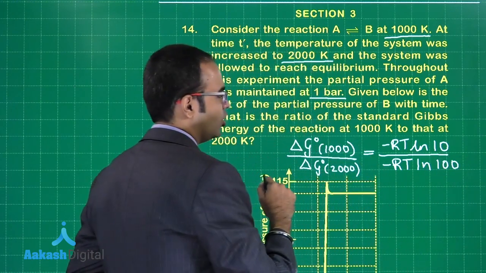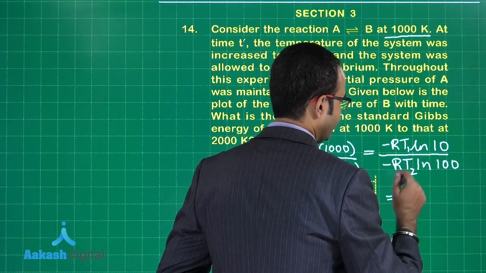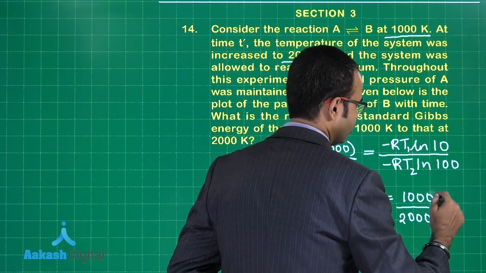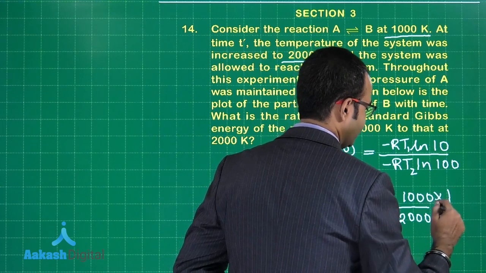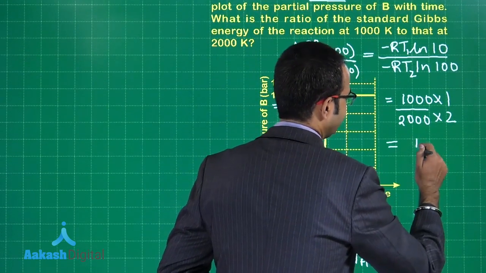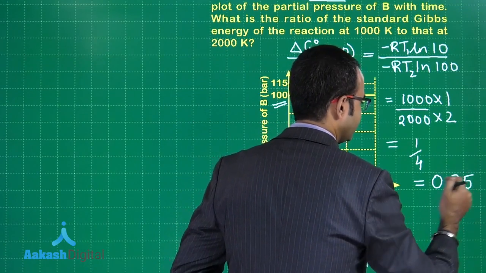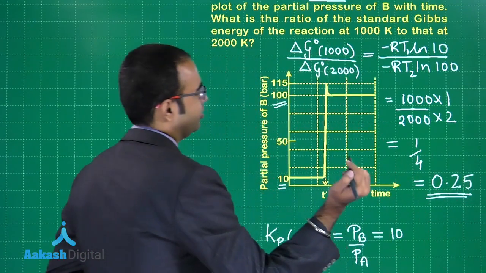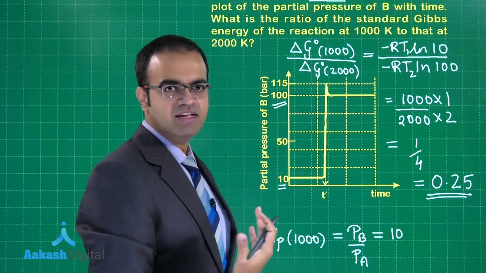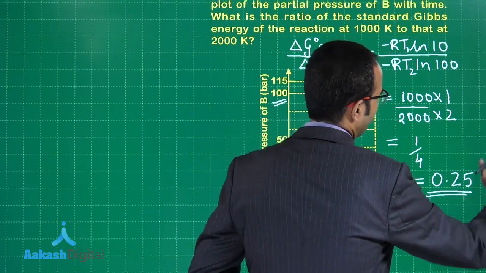Let's call one temperature T1 and the other T2. So this will be 1000 divided by 2000, into 1 by 2. So the value is 1 by 4. The answer to this question is 0.25. It looks like a very lengthy question, but if you can extract the data properly, you will easily be able to get the answer. So the answer is 0.25.